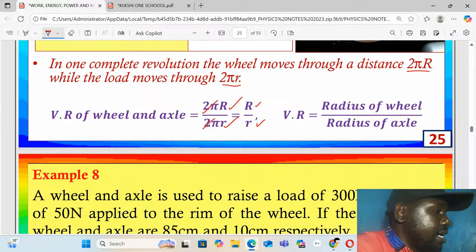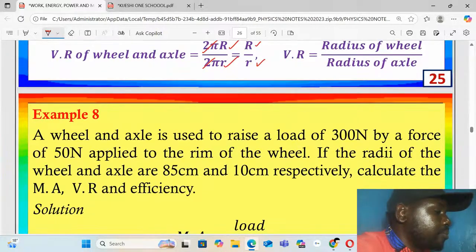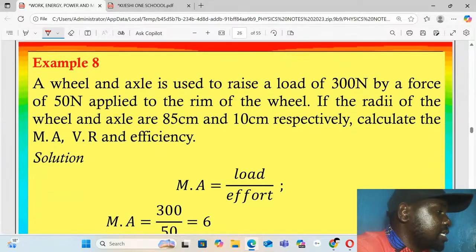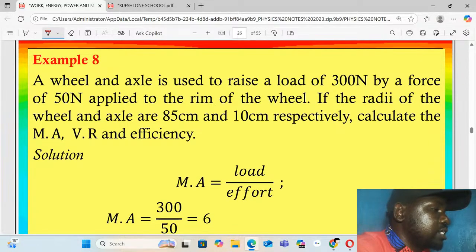We can make an example here where we are told that a wheel and axle is used to raise a load of 300 newtons by a force of 50 newtons applied to the rim of the wheel.